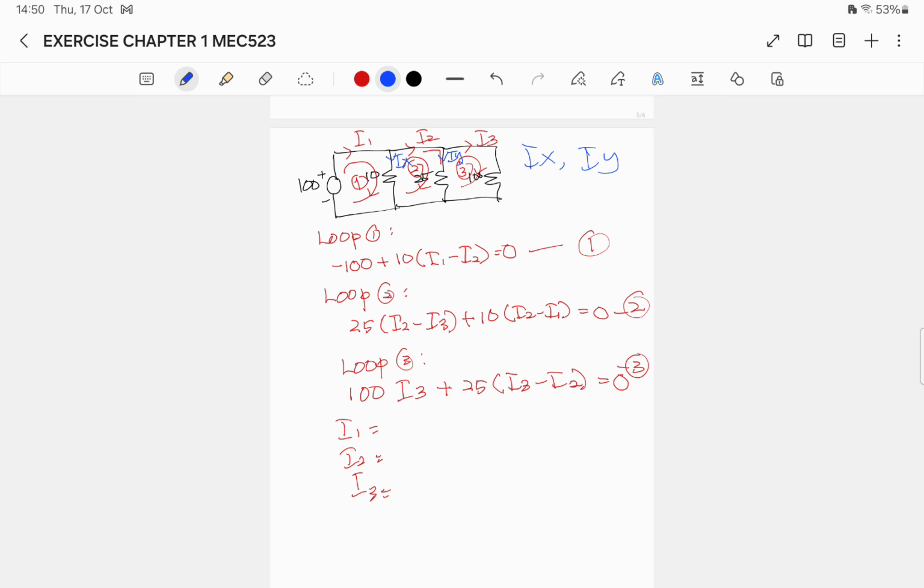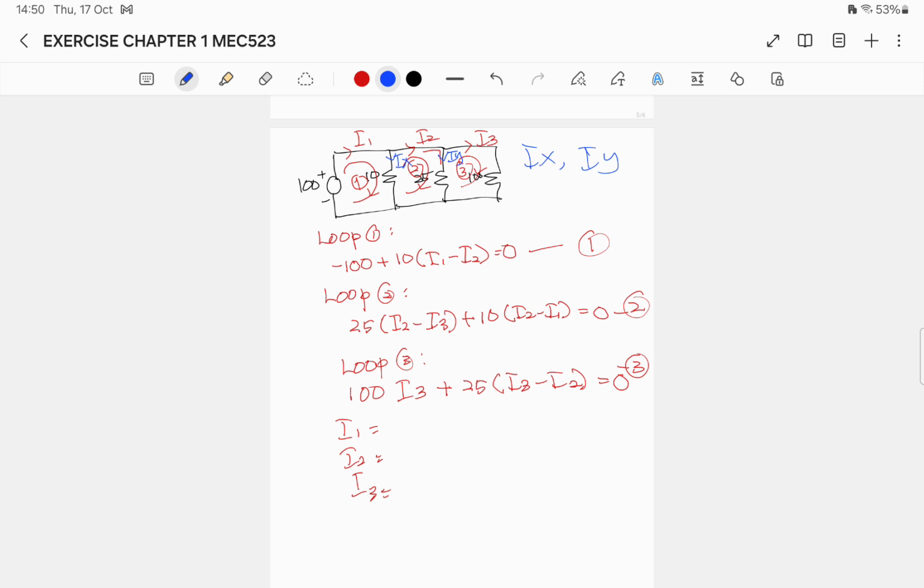Kalau nak guna calculator, this one jadikan 10 I1 minus 10 I2 equals to 100. Yang pertama. Yang kedua, kena kembangkan yang kat sini. Jadi minus 10 I1 plus 10 tambah 25, 35 I2 minus 25 I3. Okay, kena susun. Lepas tu untuk yang ni, I1 dia equals to 0 minus 25 I2 plus 125 I3. Dapat tak?